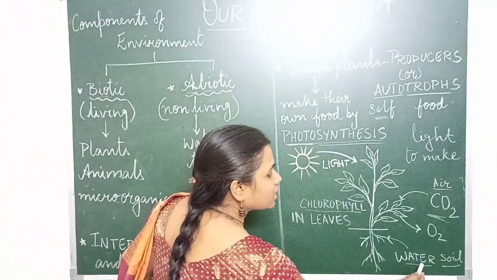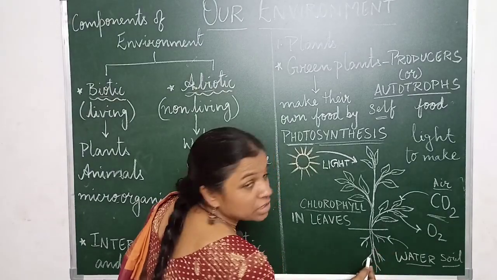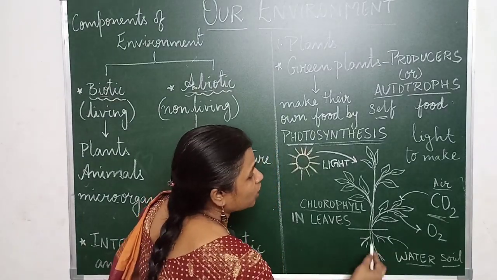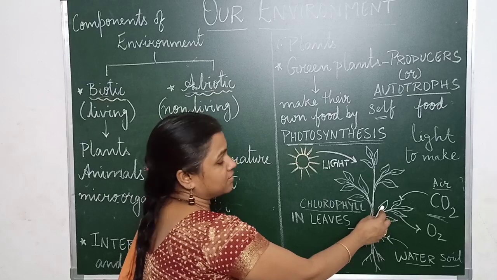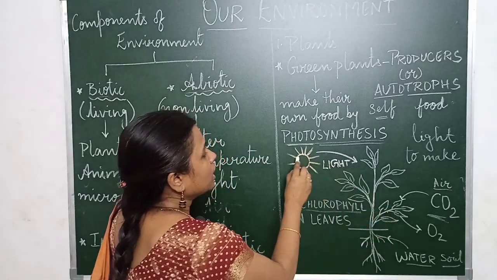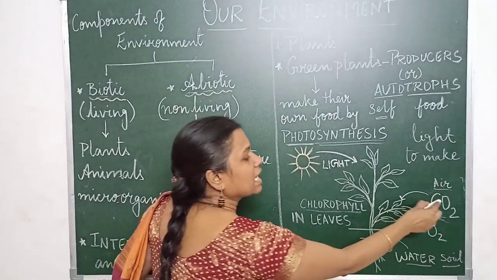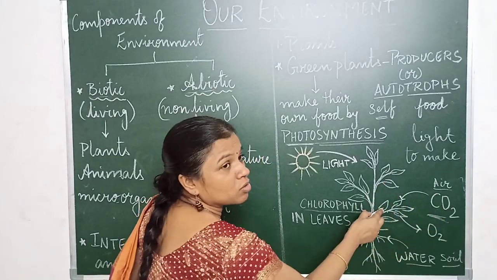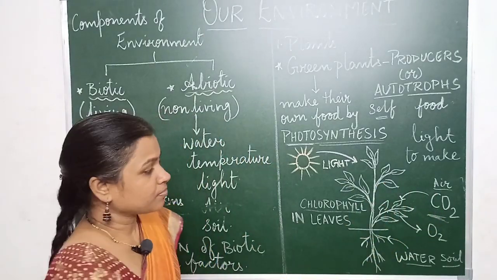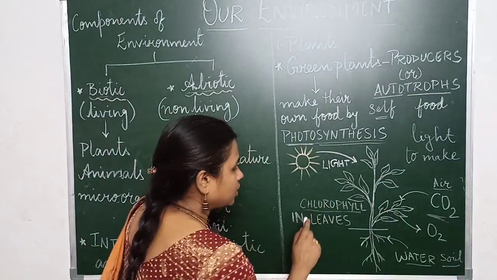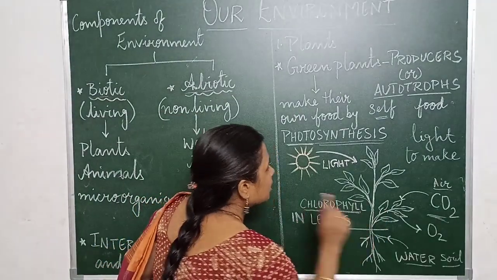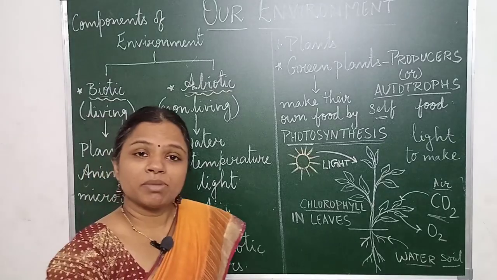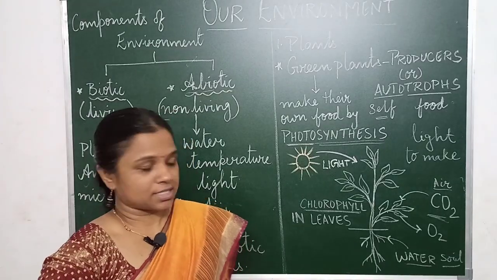This water is absorbed from the soil by the roots of the plant and is transported to the leaves. Okay. So, here light is there, carbon dioxide is taken and then water is also brought to the leaves. So, in leaves, as we know already, this green pigment, chlorophyll, is already present.